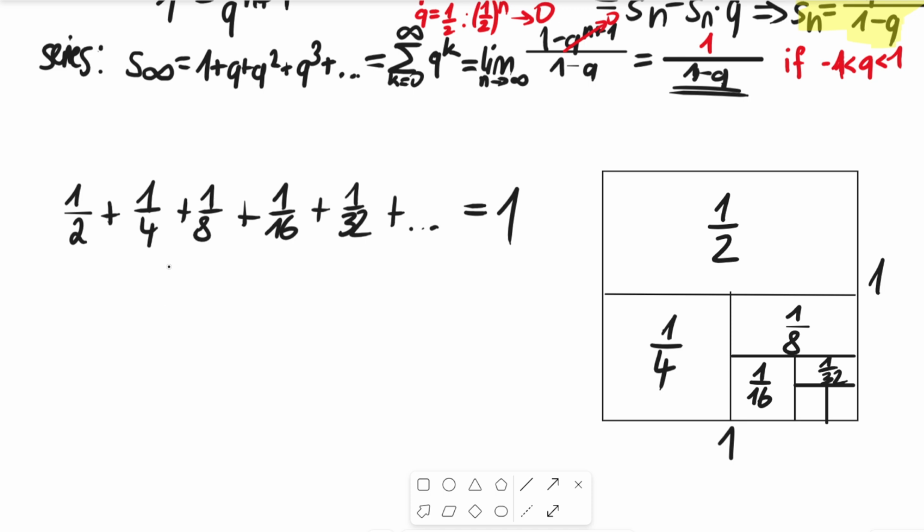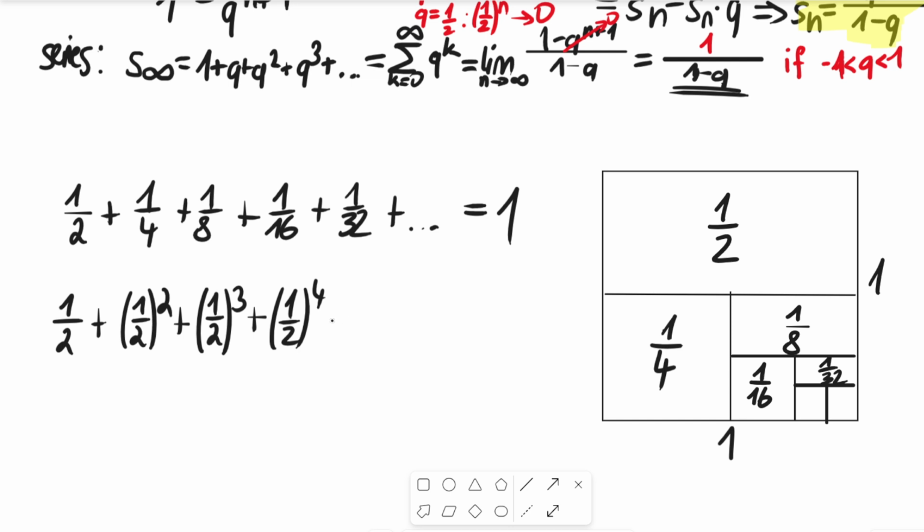And what is the connection now to the geometric series? Simply that. So this is 1/2 squared. The next one is 1/2 cubed. This is 1/2 to the power of 4. 1/2 to the power of 5 is 1/32, and so on.